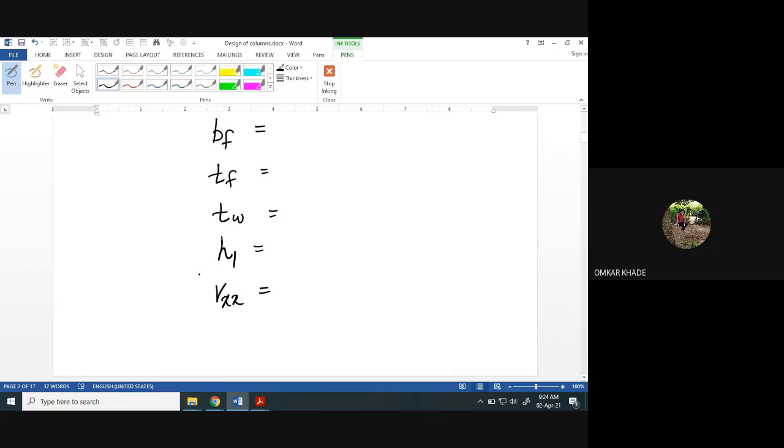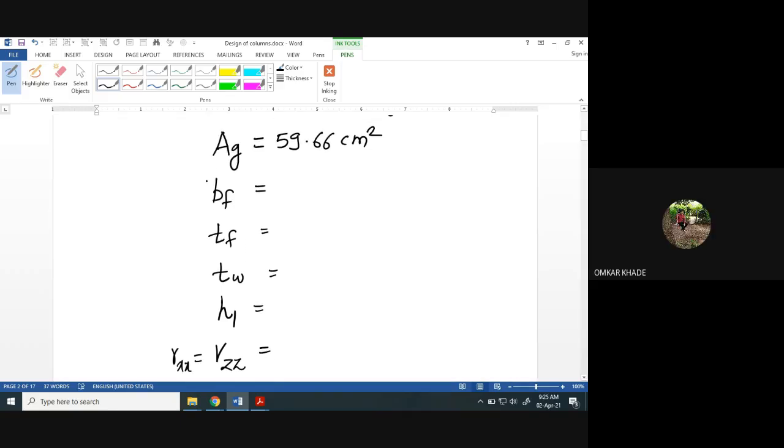Instead of xx, you should write zz. Rzz is actually nothing but Rxx as per the steel table, and Ryy. Yes, tell me the BF value. Width of flange is 225 mm. Thickness of flange is 9.1 mm, and thickness of web is 8.6 mm.